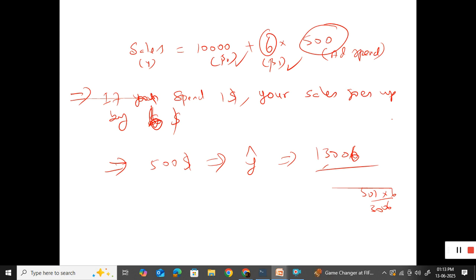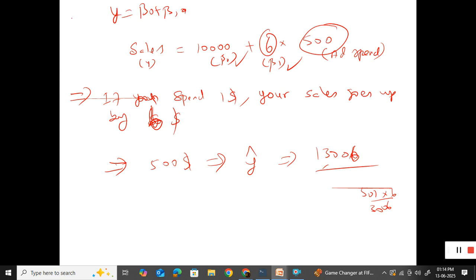We can model the relationship between the input and output variable, or the independent variable and output variable, by fitting a straight line. I just refined my statement. So this is my prediction. My equation, you know very well, is y equals beta naught plus beta 1 x.